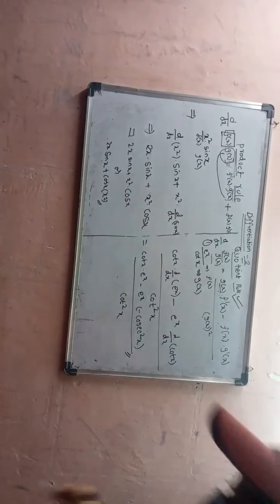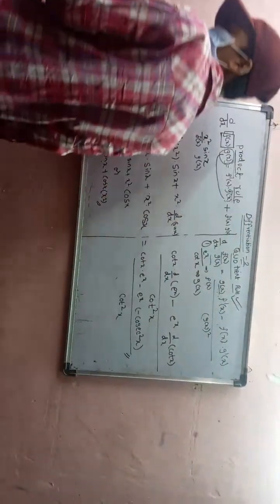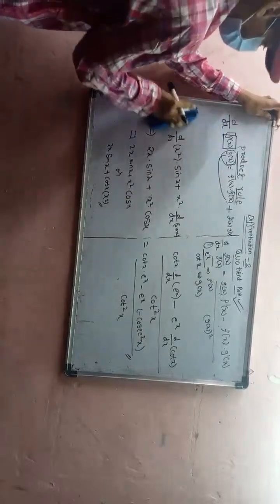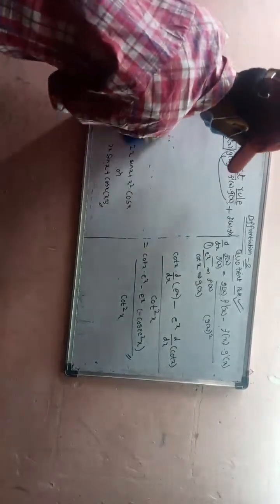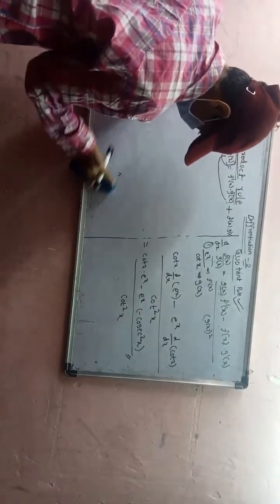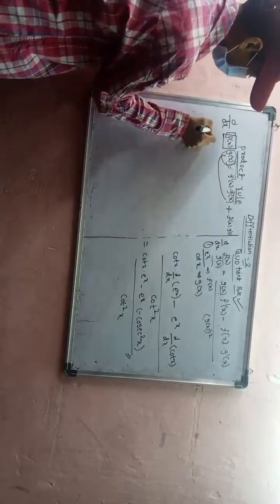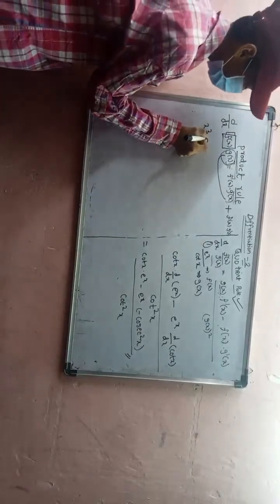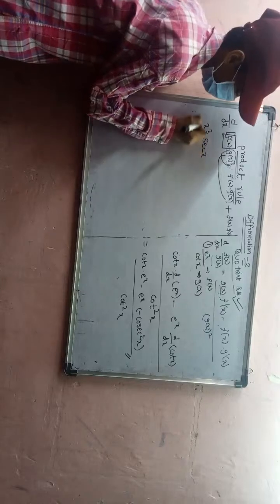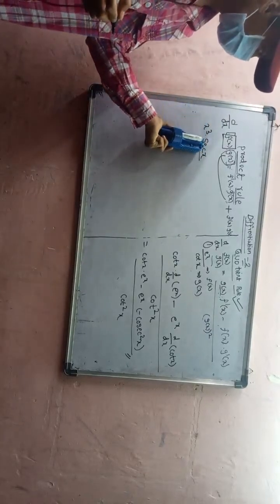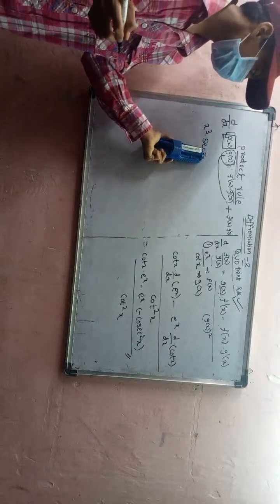Now see here: x cube into secant x. Now we will discuss this. I have changed the trigonometric function, and I have changed the power of x.